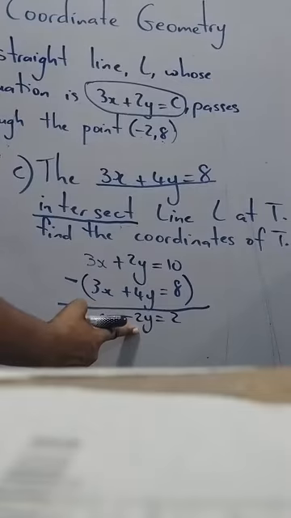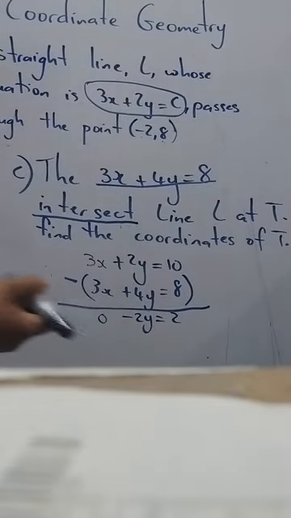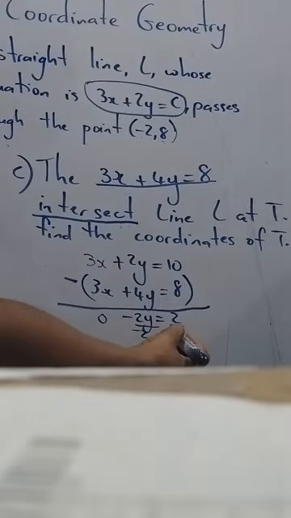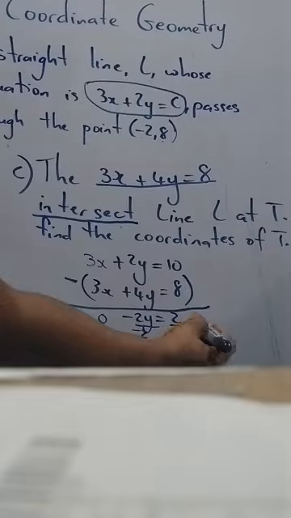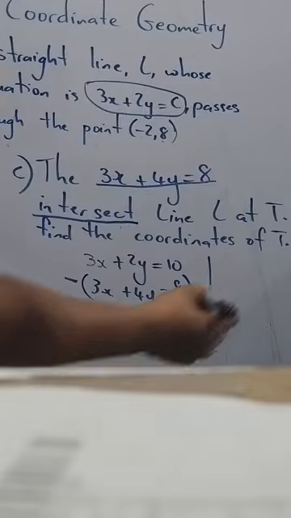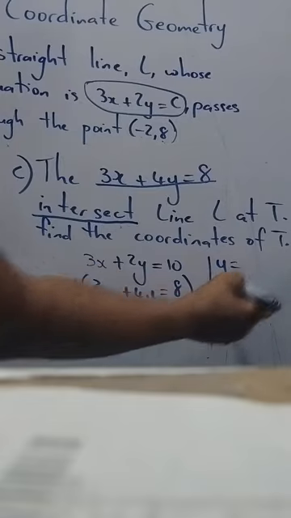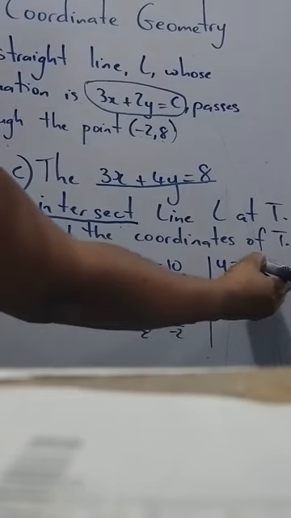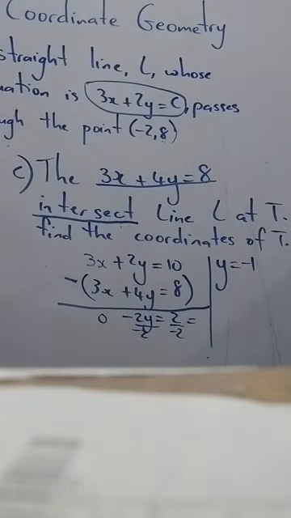Now we go back to what we did in part B: when we're finding an unknown value, we had to have it by itself, which now means that I need to get y by itself by dividing through by this negative 2 that was multiplying y, and we do that to both sides. If y should stand alone, y will be equal to 2 divided by negative 2, and that becomes negative 1. So now I know the value of y.